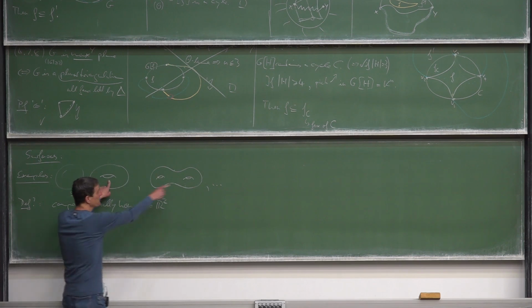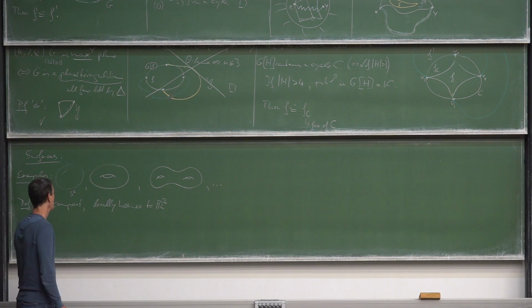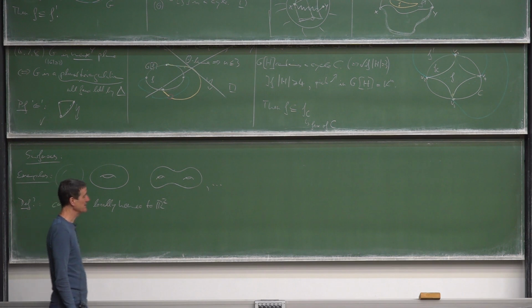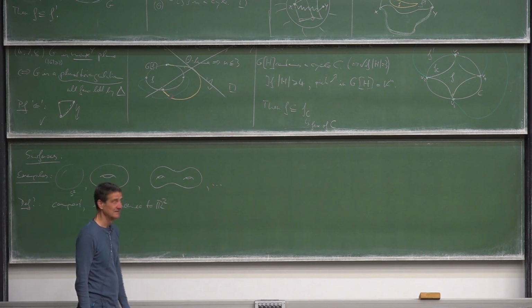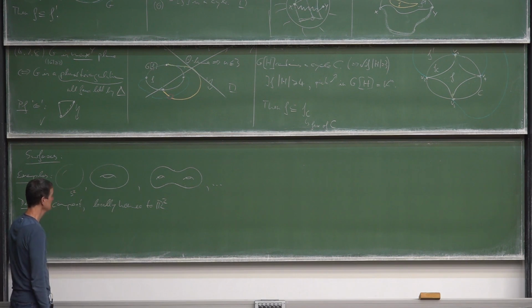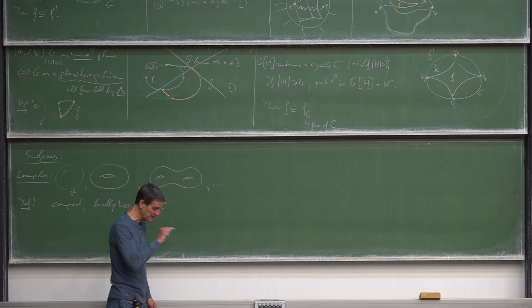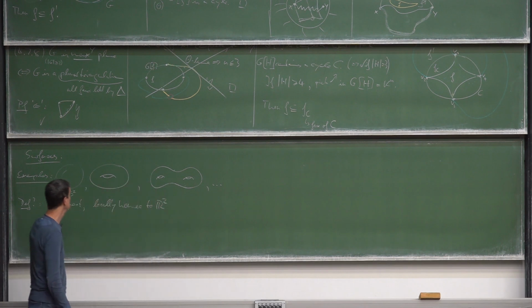Are any two of those homeomorphic, whatever they are? And the answer is they are distinct once we've made the definition precise. And I want to get to why they're distinct in just a moment.